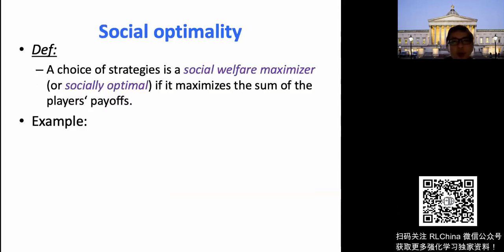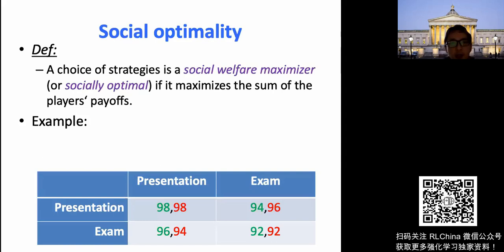And social optimality is about looking at whether the solution you got is indeed socially maximized, in other words, whether it gives a benefit for both of them. A typical way is to look at the summation of the rewards of the agents to see whether this solution is a social welfare optimizer.